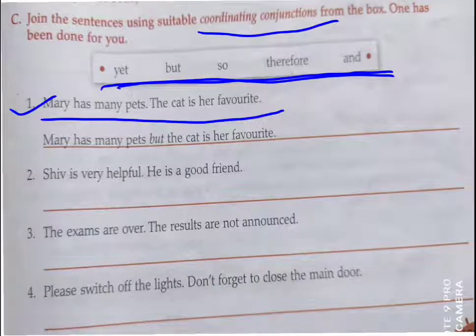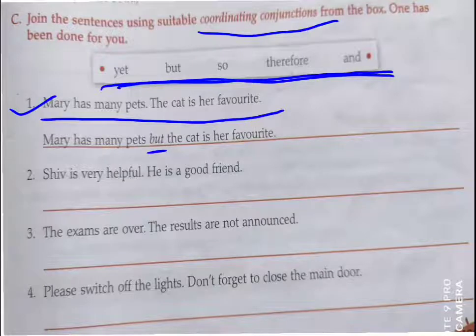Mary has many pets, but the cat is her favorite. So here is an opposite, so that's why we have used but. She is very helpful. He is a good friend. Now here which conjunction will come? She is very helpful and he is a good friend. She is very helpful, therefore he is a good friend.